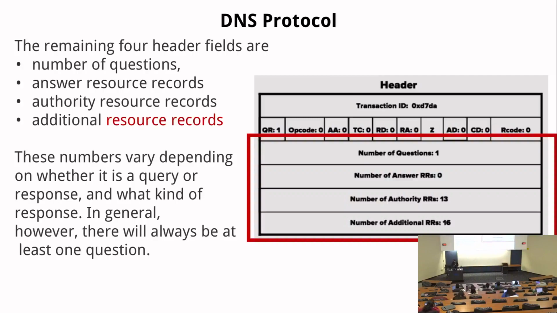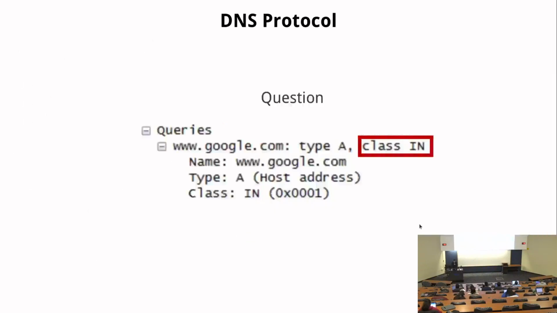These numbers vary depending on whether it's a query or response and what kind of response it is. In general, there will always be at least 1 question, then there will be some answers.